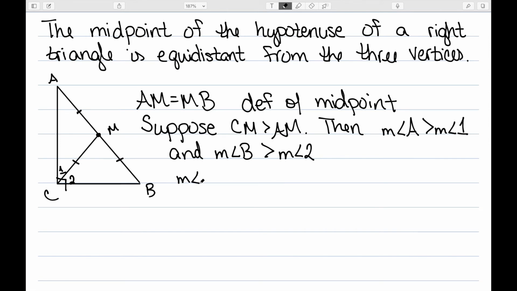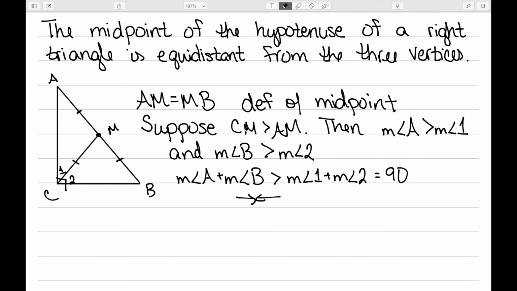If I try to then add these, I have the measure of angle A plus the measure of angle B needs to be greater than the measure of angle 1 plus the measure of angle 2, which we know is 90 degrees. So we need that the angle A plus the angle B is greater than 90 degrees. However, that gives me a contradiction, since that would mean that this triangle sums to something larger than 180.